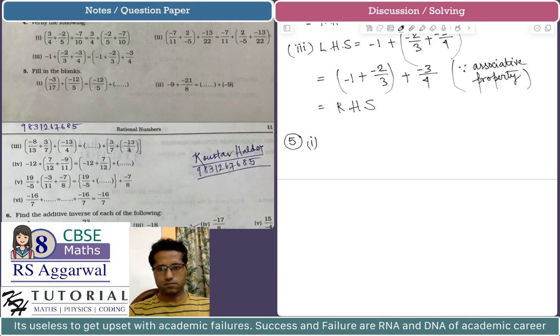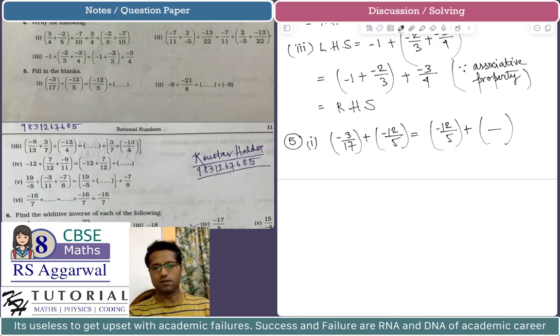Fill in the blanks. So minus 3 by 17 plus minus 12 by 5 is equal to minus 12 by 5 plus, we have to fill in the blank. What rational number will be in the blank? We have to fill it. Now clearly we can see it's an application of the commutative law of addition of rational numbers.